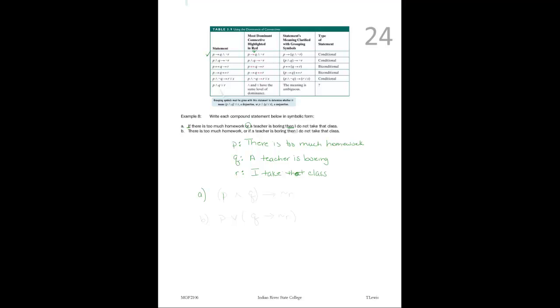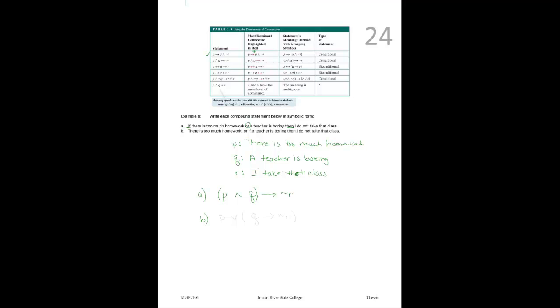So we have P or Q. That's your if. So this goes together. We're going to place parentheses around that statement. Then here's our conditional symbol. It says I do not take that class. Do not, so we're going to negate R. So we have our tilde symbol and R.